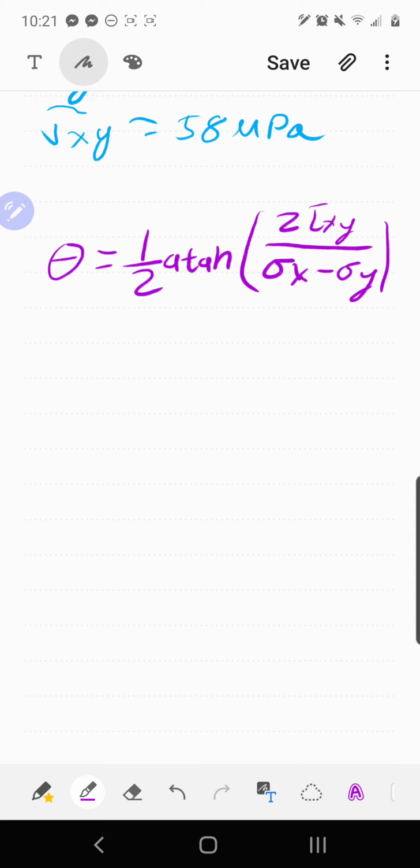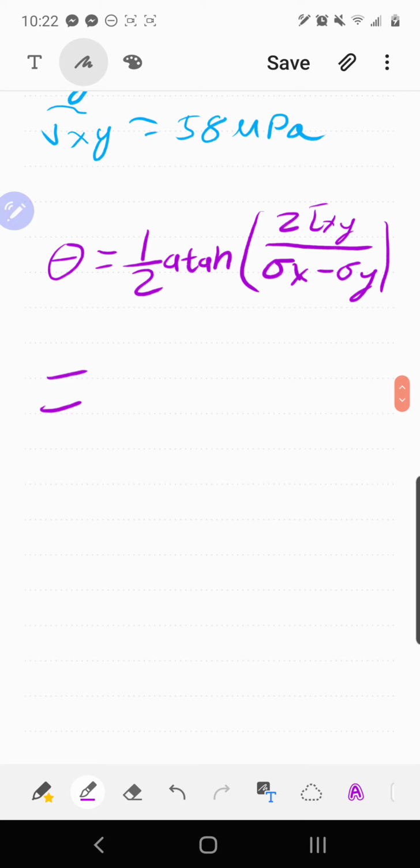Again, we have all this information, so it's fairly simple to calculate. This will give us roughly 2 values. If you have to assume your theta to be in 2 of the quadrants, since you can add 180 degrees and get the opposite quadrant, you're going to have to take into account both of them.